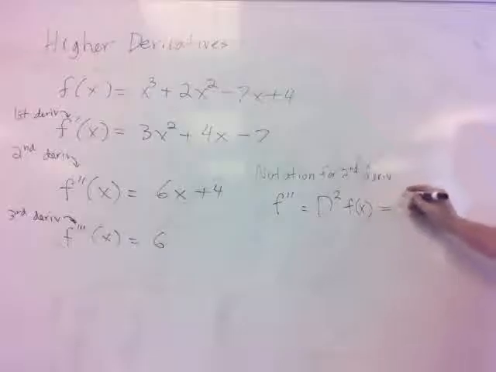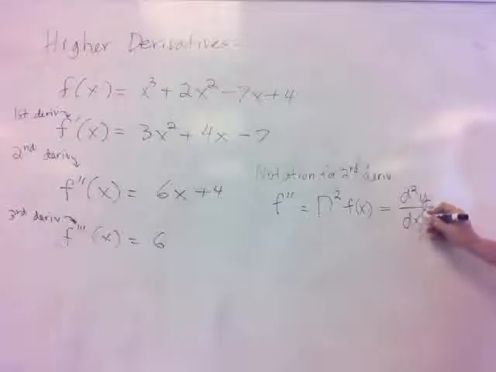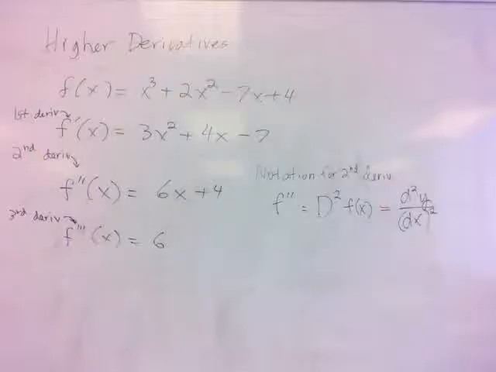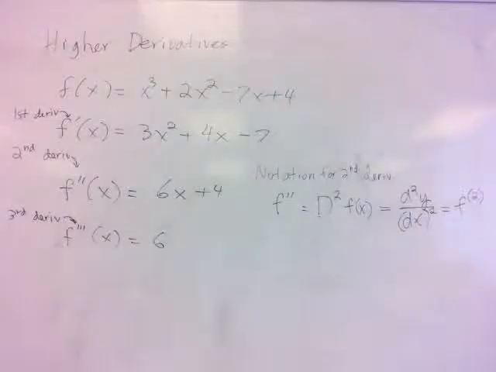Here's another one. This one, I think, is more calculus 2. You see it a little bit. It looks like d squared y over dx squared. And then we'll also sometimes use, instead of the double prime, f with parentheses 2.